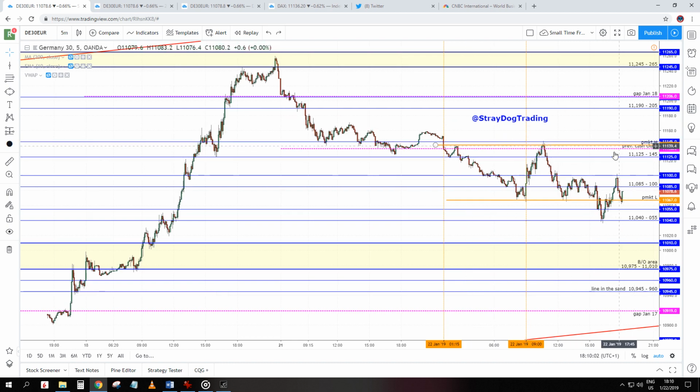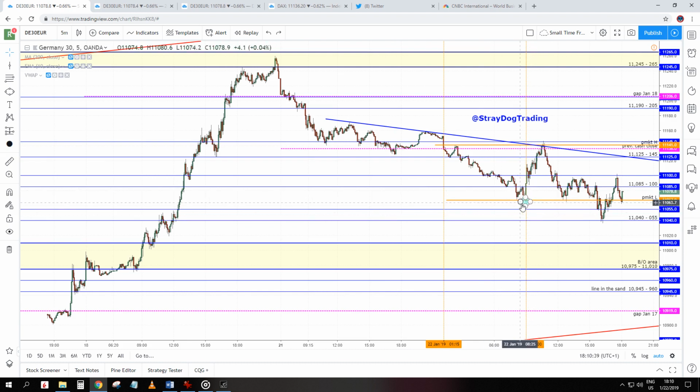Observe that the pre-market high is in confluence with the previous cash close, very close to it, and they both are inside this zone. So when the market opened here at 9 a.m., it made a push to the pre-market low, and you could also draw yourself this kind of line here. You will get the confluence of many factors, and observe that the market just tested the pre-market low here.